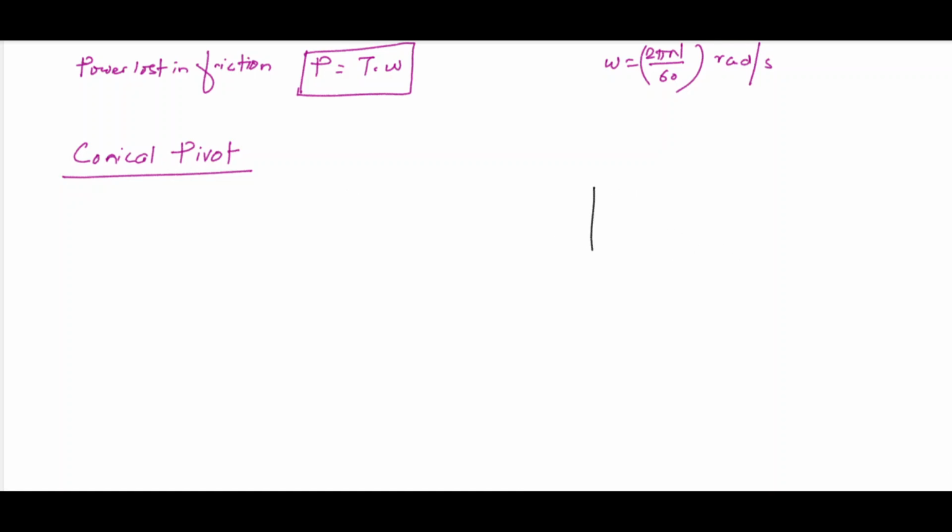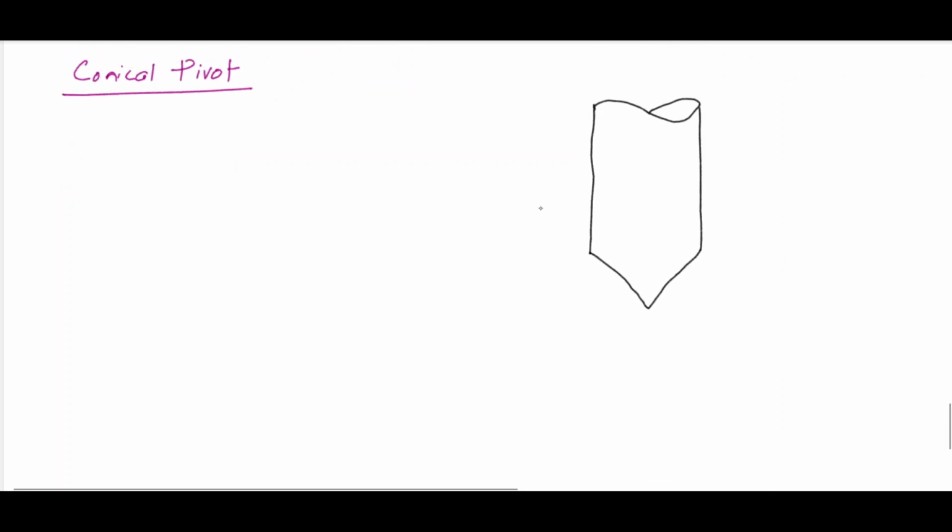We have this shaft, this is the shaft axis, and the pivot area is, let's say, this much, this part.